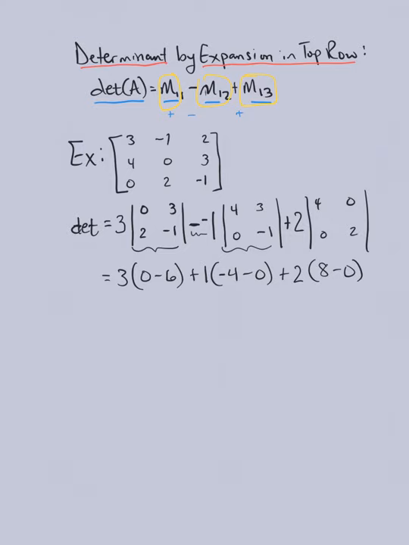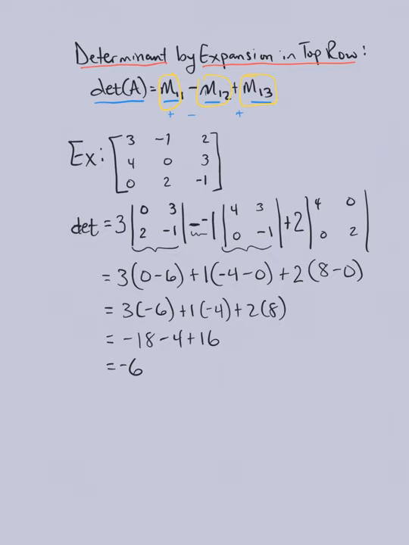Notice our calculations are a lot simpler with those zeros, right? And I'm going to point something else out in a minute. So we have 3 times -6 plus 1 times -4 plus 2 times 8. That's -18 minus 4 plus 16. What is that? 12, -6, right? And so there's our determinant.